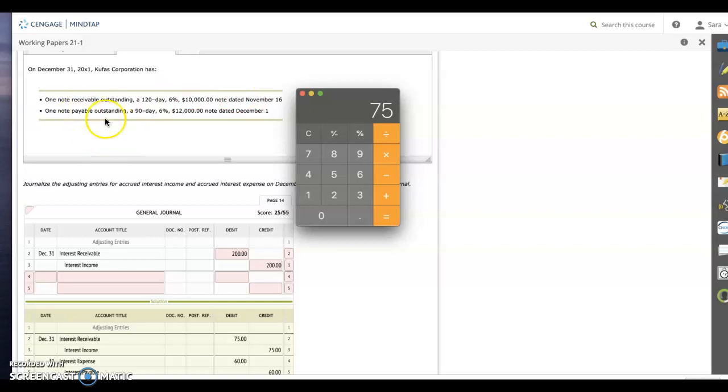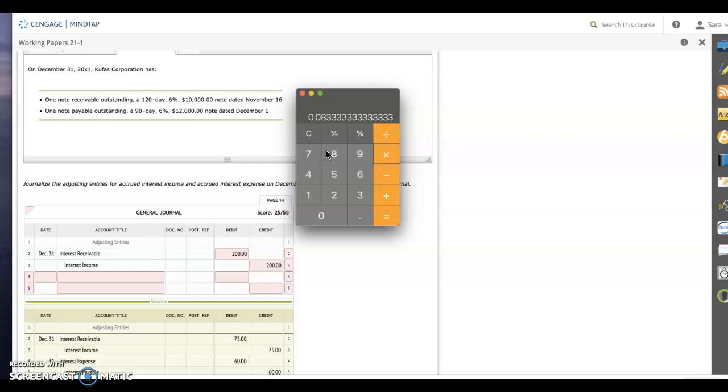So same process here for our note payable. So 12,000 times 6% gets me 720. And then I need to calculate the amount of time for this note. So that should be 30 days from December 1st to the 31st. So 30 divided by the 360.